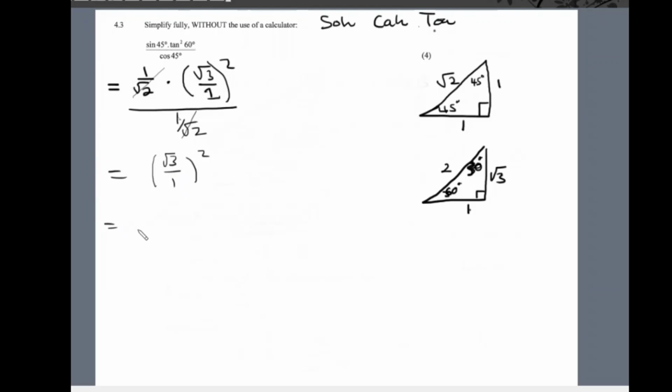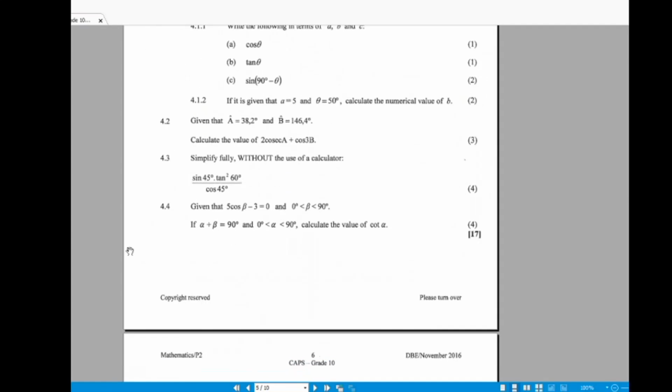Anything divided by 1 is just that number, and square root of 3 squared is just 3. So this is how you simplify without the use of a calculator. By now you should see why you must know these two triangles. So this is where we apply them. Okay, that is 4.3. And then 4.4.